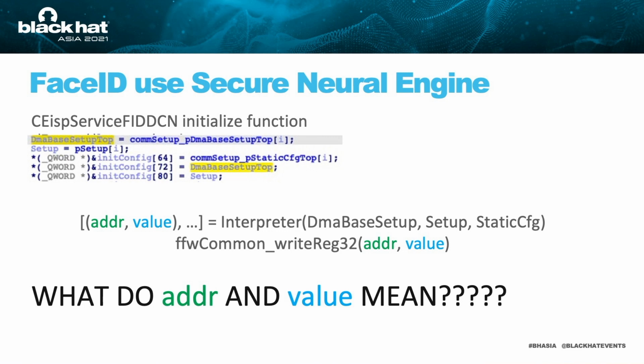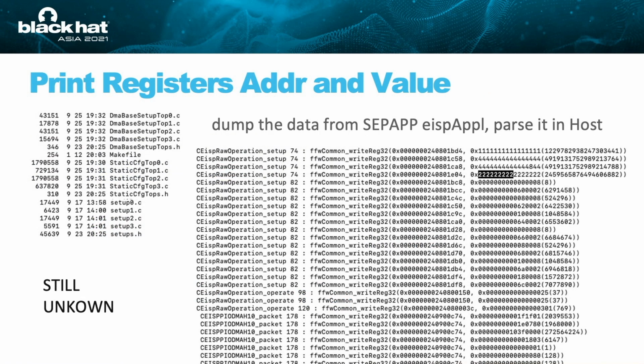The problem is that we don't know the meaning of these register addresses and values. After the register is written, we also don't know what operations have been performed. In order to clarify the meaning of these register addresses and values, I simulated the code of parsing configuration on the local computer.